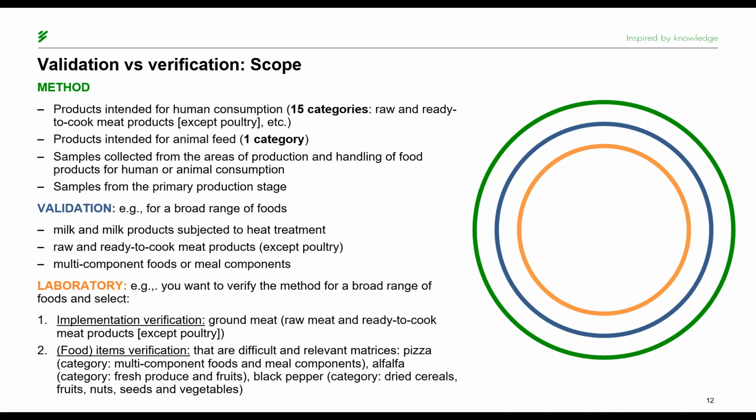And for the second verification, the item verification, we have to choose difficult items that are among those commonly analyzed products in the laboratory. That could be pizza for multi-component foods, black pepper, alfalfa, and so on.